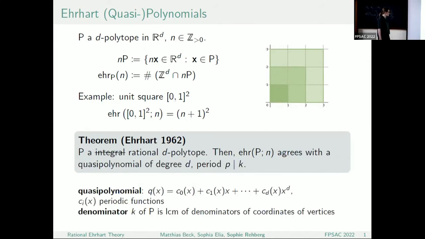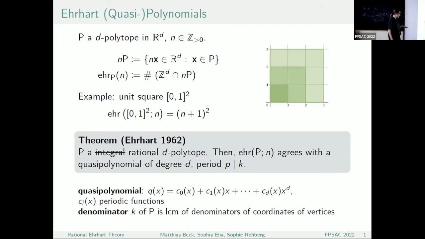And then you can generalize this to polytopes that have rational coordinates. And the counting function is still somewhat nice. It's a quasi-polynomial. And a quasi-polynomial looks like a polynomial, but instead of constant coefficients, we have periodic functions.